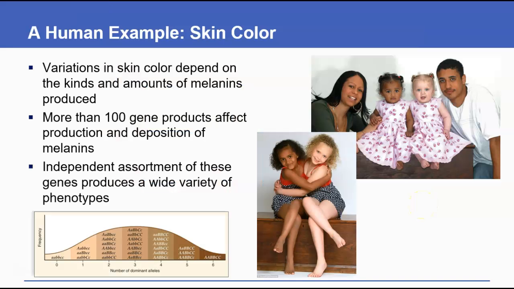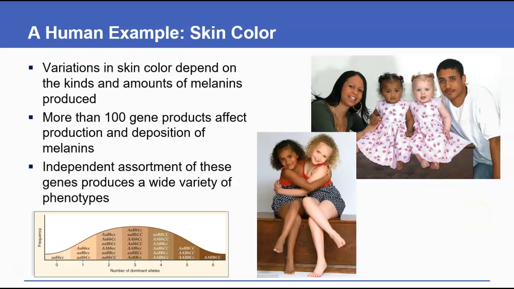Another example of this is what we see for skin color. We all know there's a range of different colors of humans across the globe. This is because there are more than 100 different gene products that are important for the production of color and the deposition of that color into our skin. And I love these pictures because they show the independent assortment of different genes.